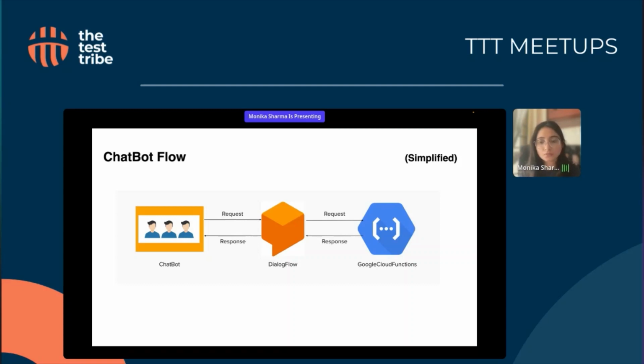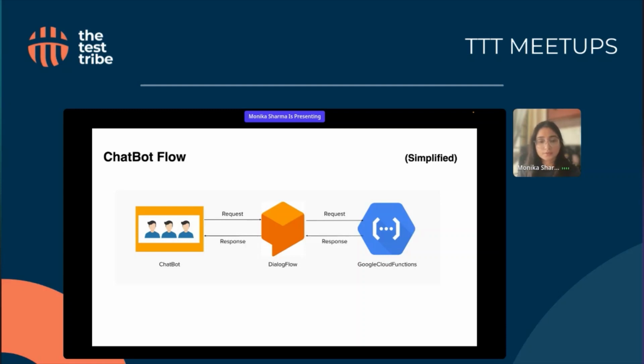First, the chatbot is there in the mobile and it sends a request to Dialogflow with correct parameters. Then the request goes to the Google Cloud Function, which receives a POST request from Dialogflow and returns the appropriate response based on the different custom parameters which we have sent. Then Dialogflow responds to the chatbot.